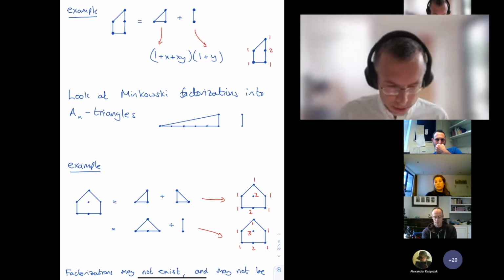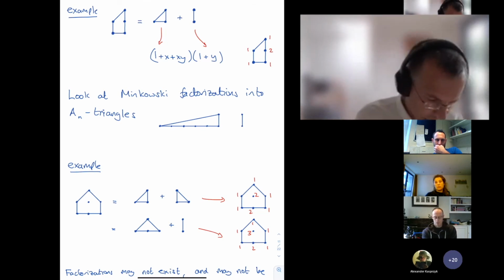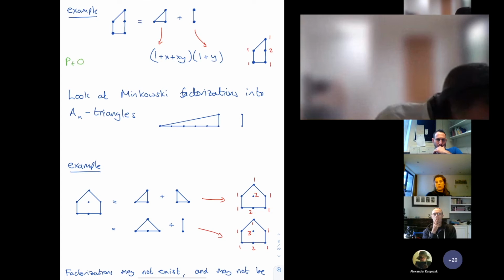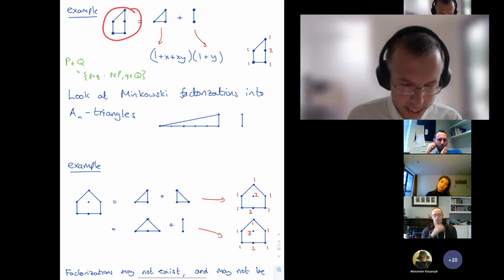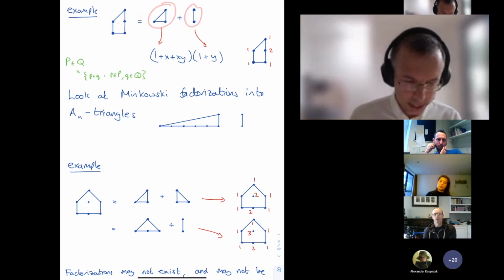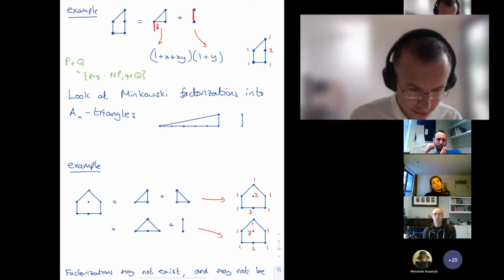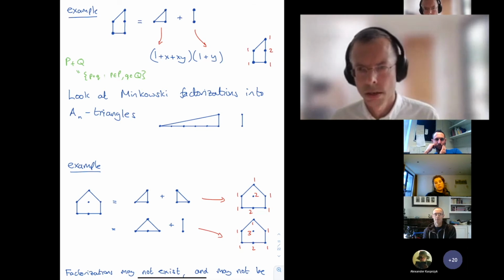The Minkowski sum, sorry, I should say this, the Minkowski sum of 2 polytopes or polygons or whatever is just the sum little p plus little q, where little p is in P and little q is in Q. So, for example, this shape that we see here is the sum of this and this, because if you put this shape everywhere in here, then you get this shape. Was that clear?